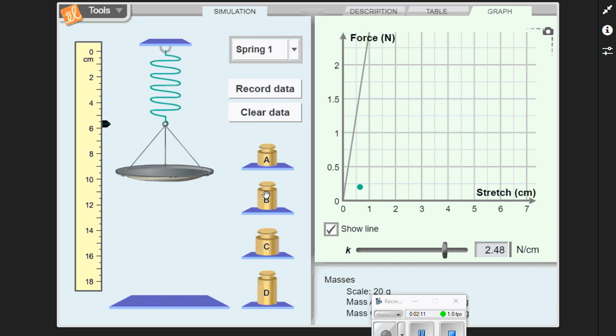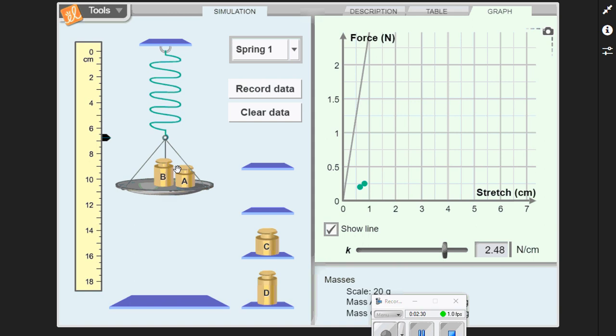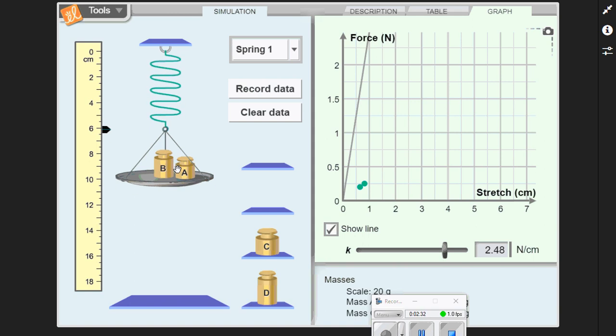And anytime work is being done, you should remember there's a transfer in energy. We can add more mass to this. And as we add more mass to it, there's a greater force of gravity on it, there's a greater stretch, and the spring is stretched and work is done on it and energy is stored in it. We can add some more mass as well. More stretch, more force from the force of gravity through a displacement causing the spring to stretch.